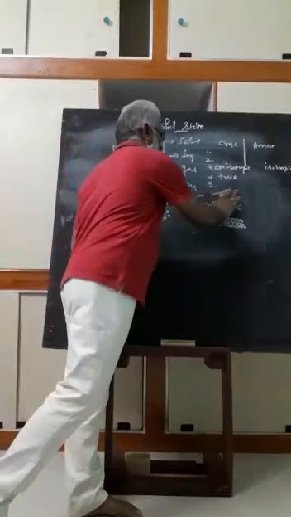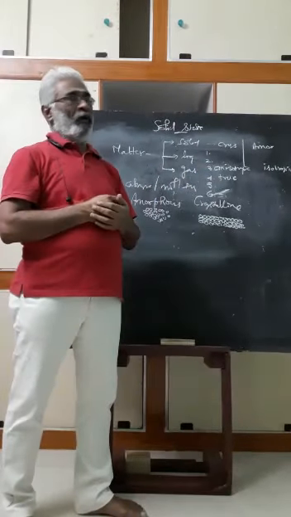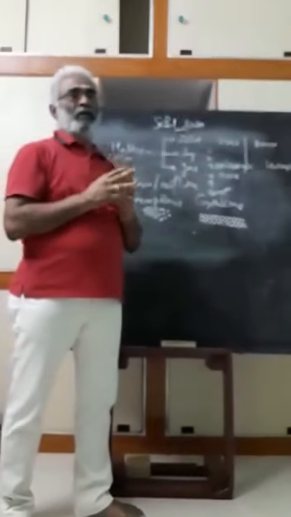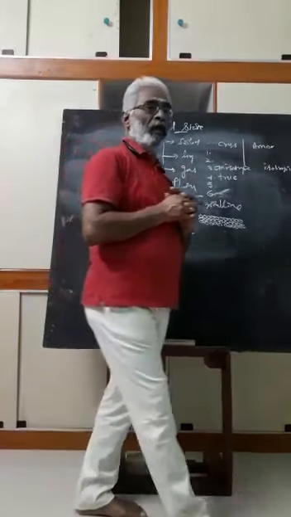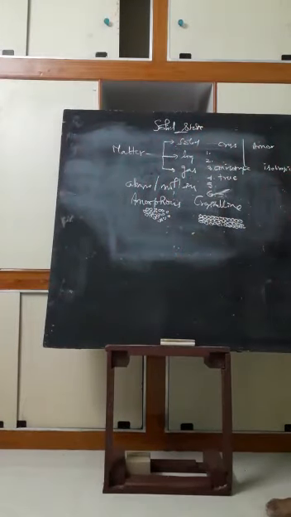Next, a very important difference is the melting point. Crystalline solids possess a sharp melting point, while amorphous solids do not. What do we mean by sharp melting point? You all know the melting point is the temperature at which a solid is completely converted into liquid. Consider I take a piece of solid and try to find out the melting point. Keep a thermometer and start heating the solid.